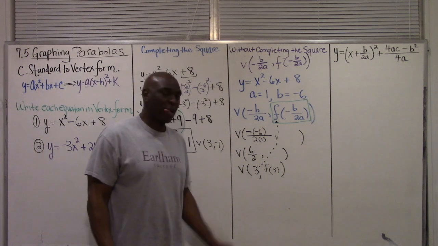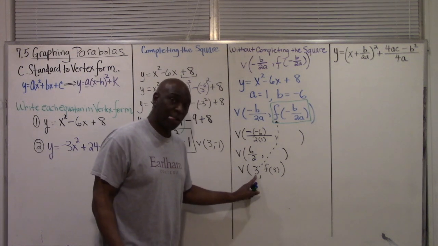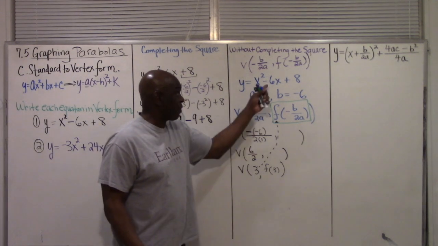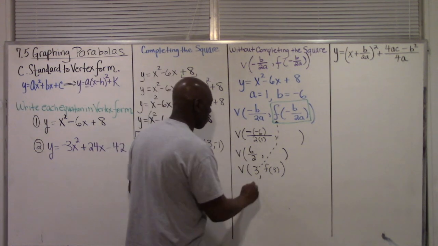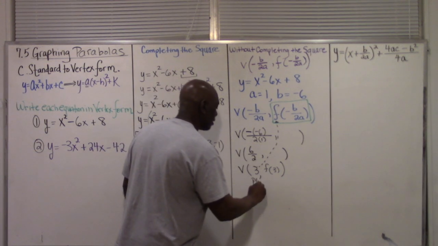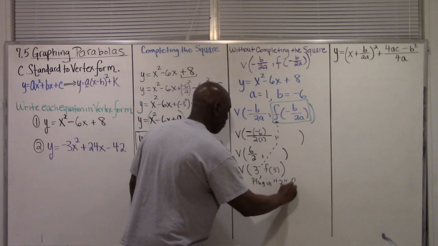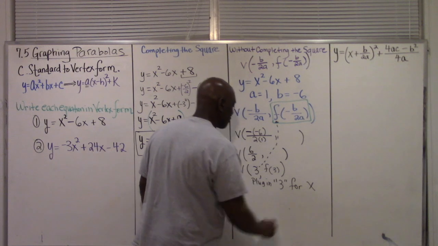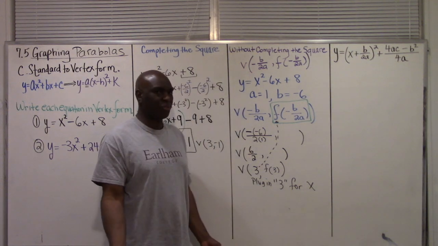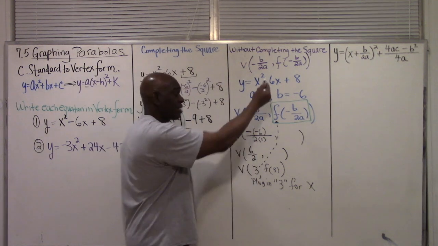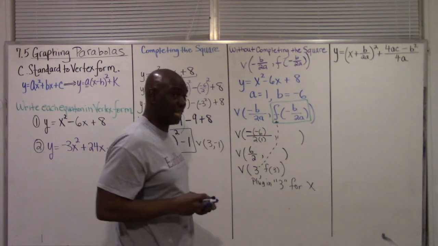That's all you do. Take the x value and plug it in for x. Let me write it out. Plug in 3 for x. That's all you have to do. Plug in the 3 for x and find out what y is. Let's do that.